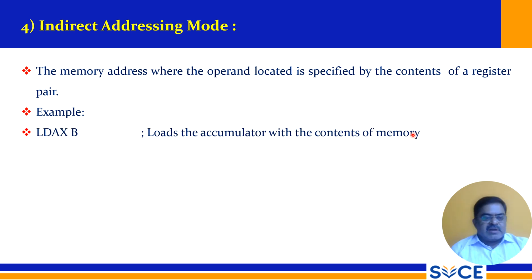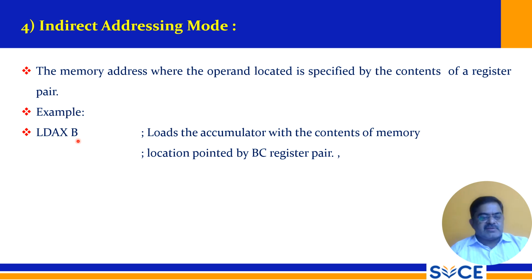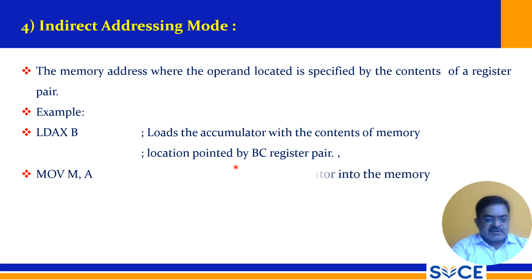LDAX B loads the accumulator with the contents of the memory location pointed to by the BC register pair. Wherever you see this letter X, it deals with register pairs only, students. Please remember this.